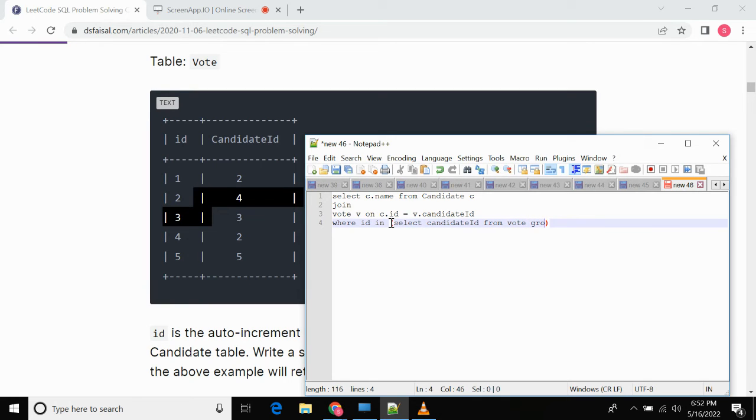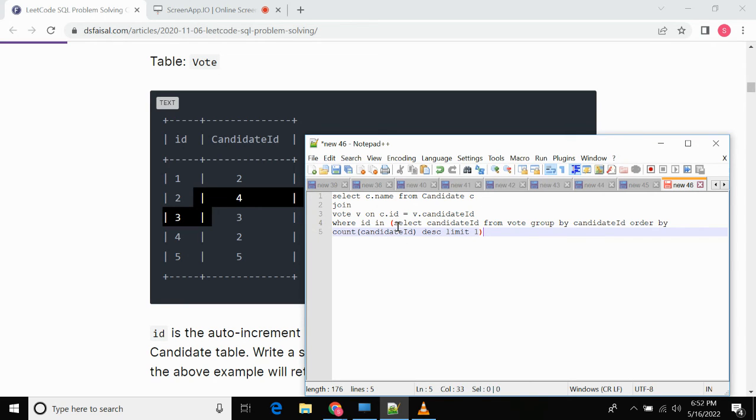Then we have to do a group by on candidate ID and then order by count of candidate ID, and I will explain this particular part, limit 1.